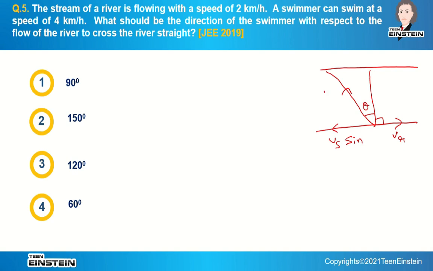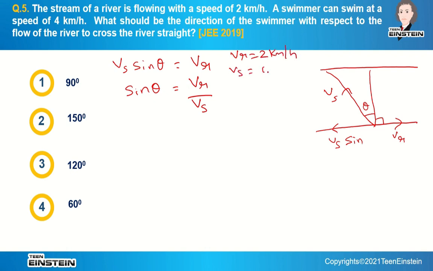Okay, so this is the speed of the swimmer, which is Vs. So to cross the river straight, Vs sine theta should be equal to Vr, or sine theta equal to Vr by Vs. So here the speed of the river is 2 km per hour and the speed of the swimmer is 4 km per hour. So this will become 2 by 4, or 1 by 2.